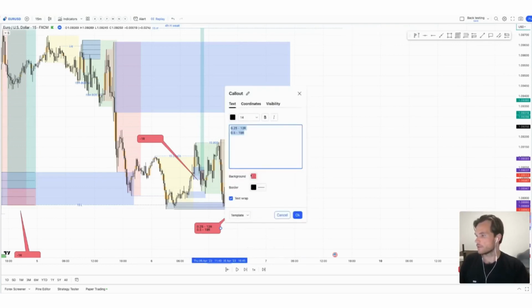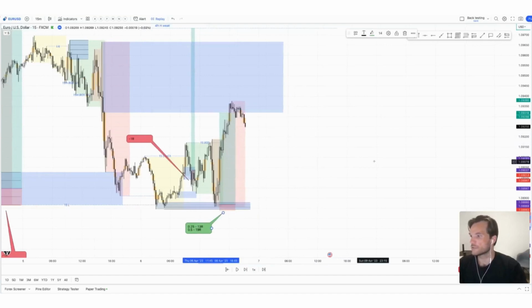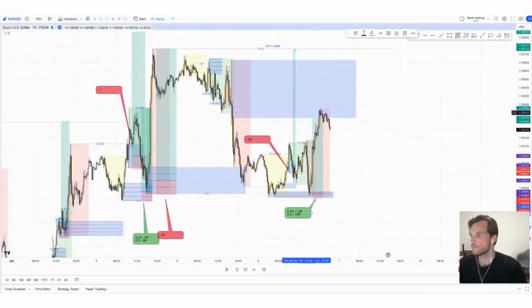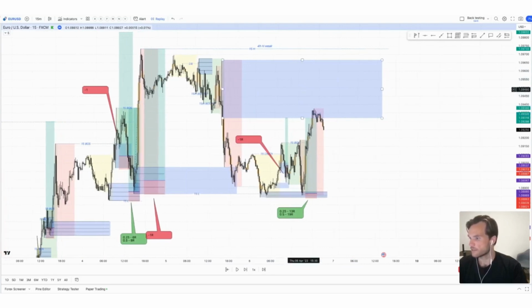Let's change the color to. Okay, so just to clear things up now, I'm going to reduce this. It's a loss anyway. Leave this supply here. I think it could be definitely something that plays out. Let me just have a look.